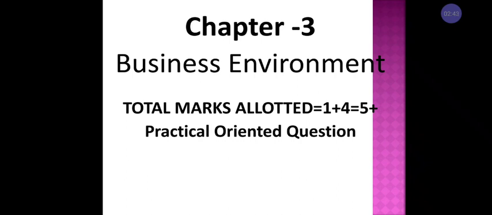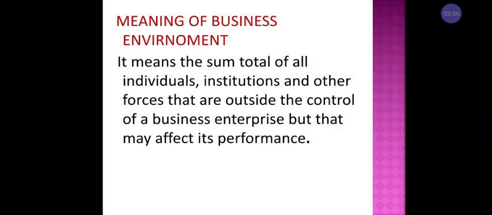What about environment? Environment is all its surroundings. Generally, business environment means, in simple words, that when they want to offer the products, some environmental forces or factors may affect the operation of the business. Let us start with the meaning of business environment.